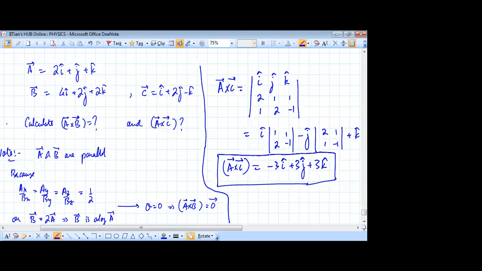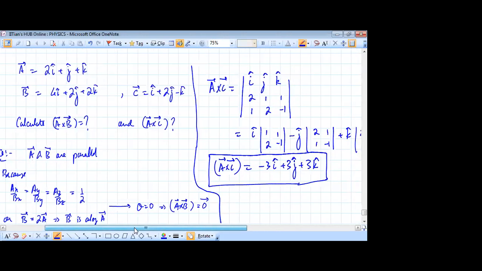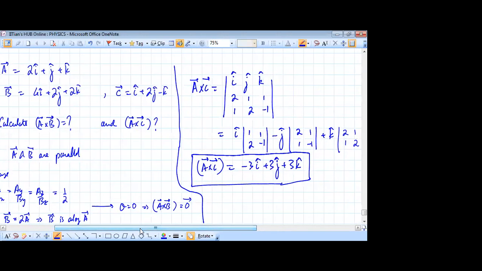Okay, good. So this is how we calculate the cross product by using the three-dimensional matrix method. See, this is minus j into, see, for the j cap part, you remove this column now. So you're left with these four terms.